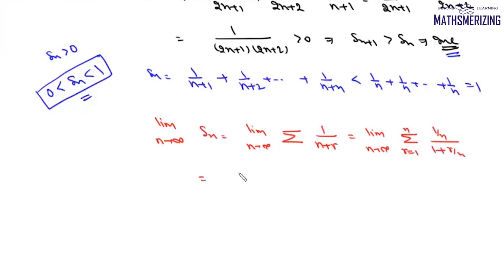So we can write this as the integral dx upon 1 plus x, where x varies from 0 to 1. It will be nothing but log of 1 plus x from 0 to 1. So this value will be simply log 2.